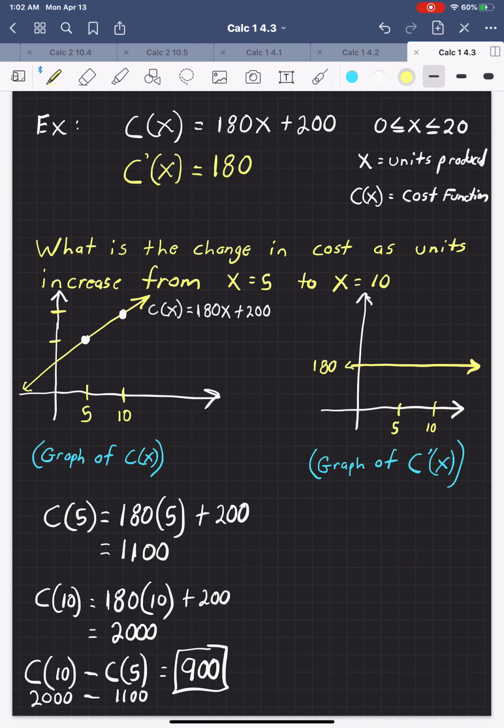And now, again, notice how we can think of this as a rectangle. And notice we can think about the area of this rectangle. And it's very important. Notice that this is the area under what? Under the derivative. Right? So this is the area under the derivative bounded from 5 to 10.